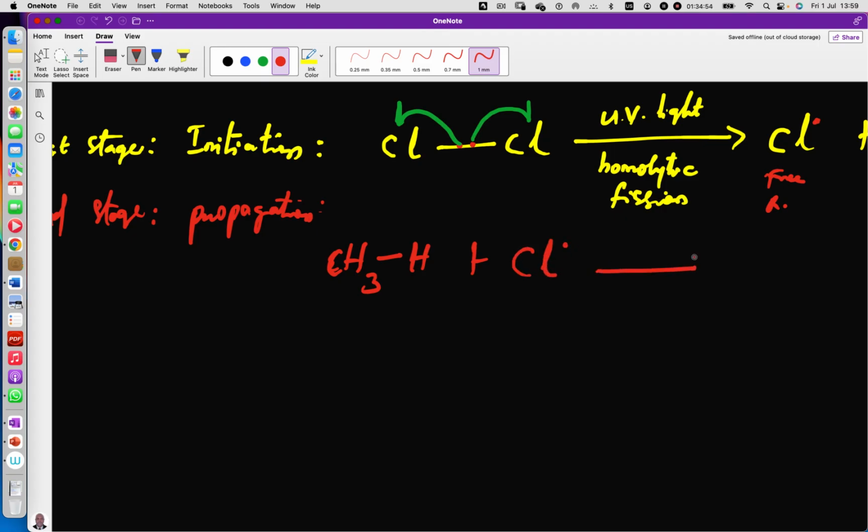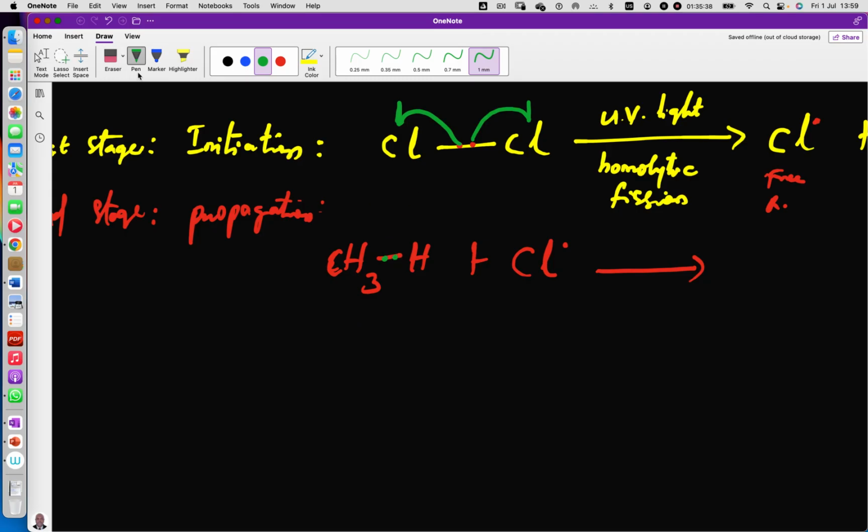What happens here is that the methane molecule will break. All that is happening here is homolytic fission. At this stage, we are going to be producing a free radical. Of course, there is a pair of electrons here.